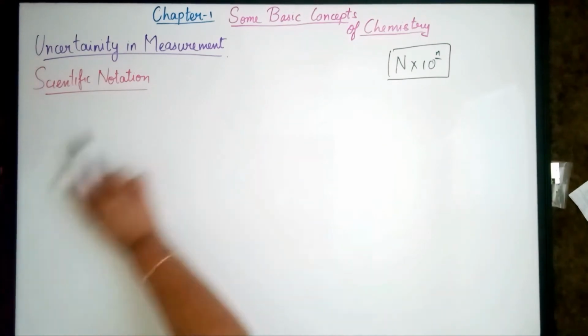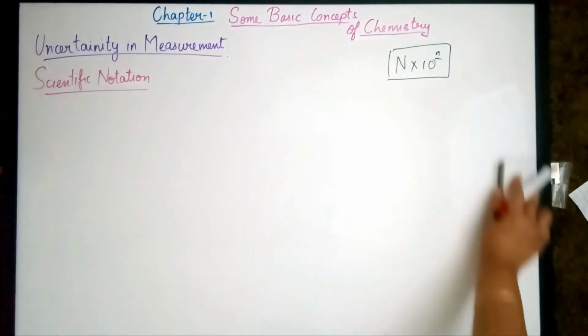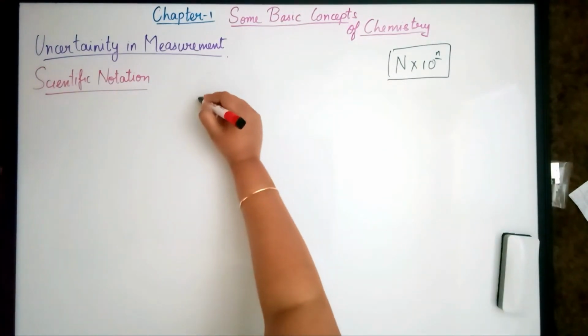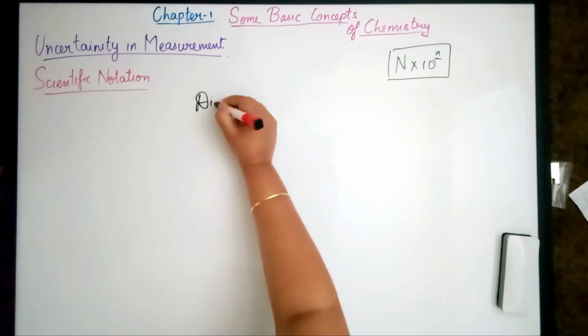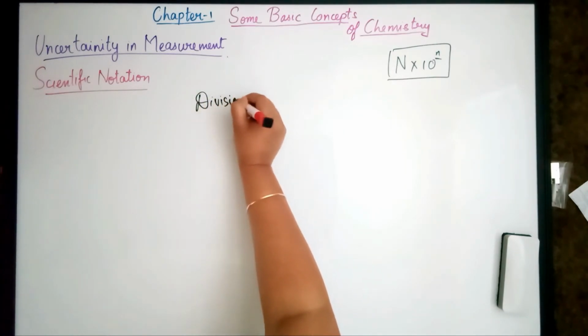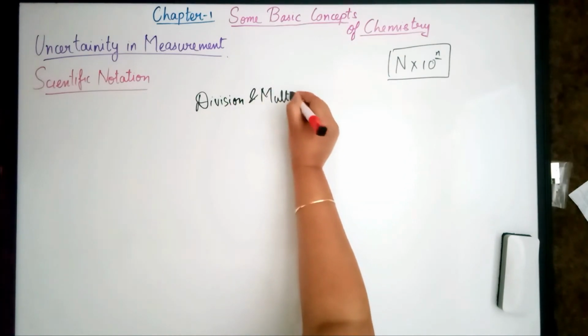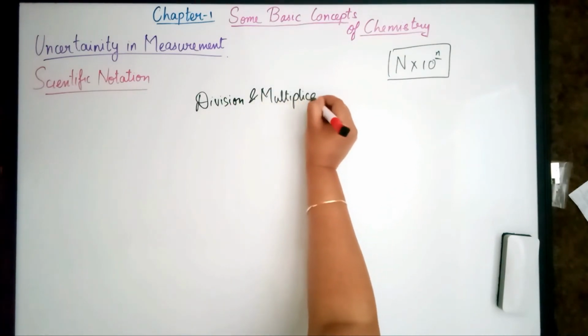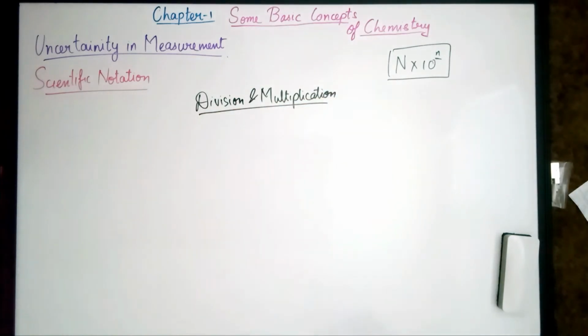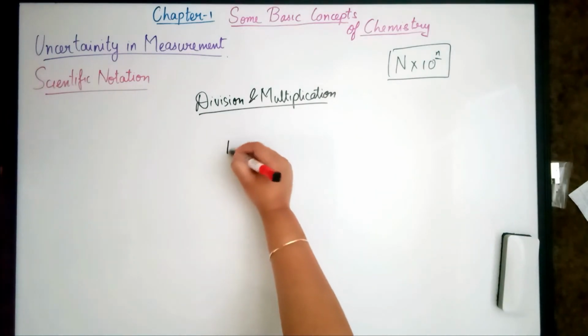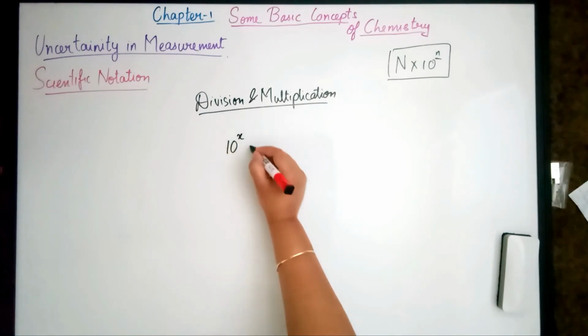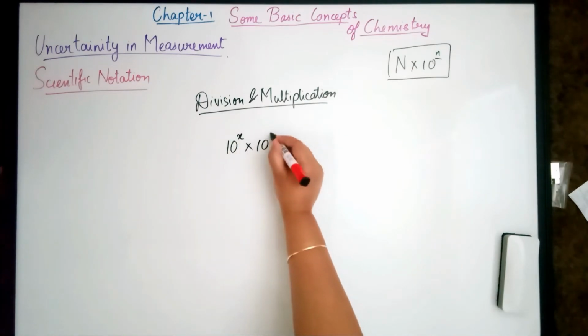Division and multiplication is actually pretty easy. So let's start with multiplication. It's always easy. Okay, so let's assume you have two values, 10 to the power x into 10 to the power y.